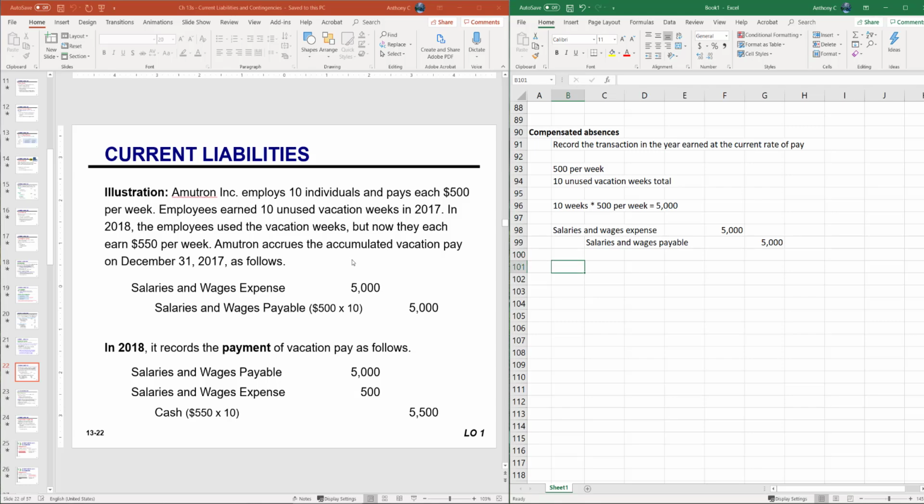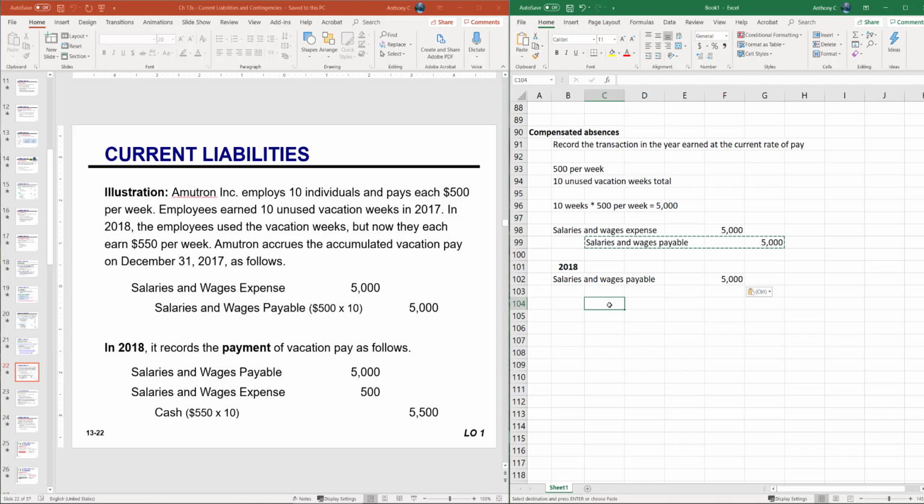Right, and then in 2018, it says that the employees used vacation weeks. Okay, so in 2018, first off, if they used all the vacation weeks, we can remove the liability or the payable that we created previously. So to remove it, we'll just make a debit to salaries and wages payable for $5,000.